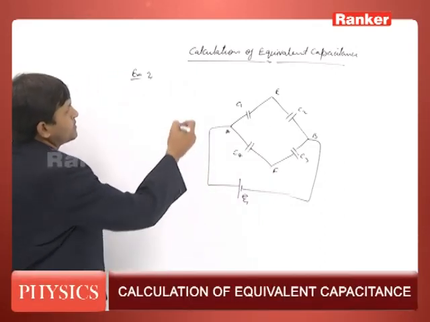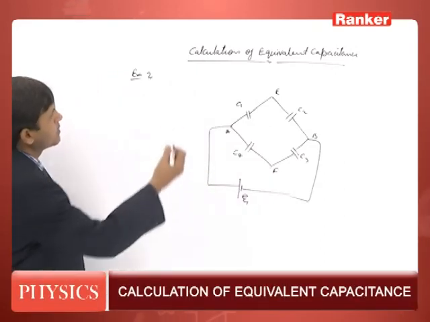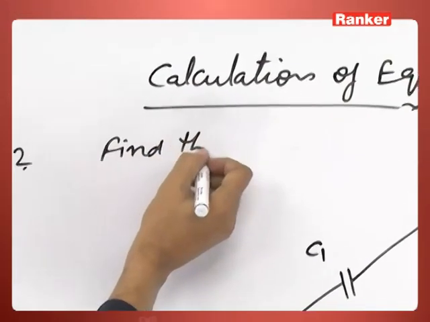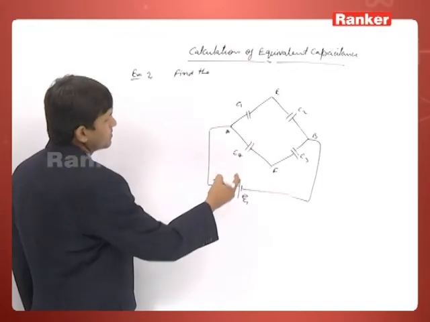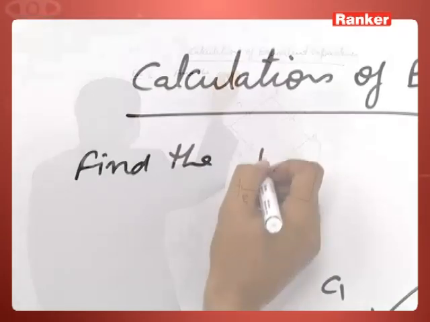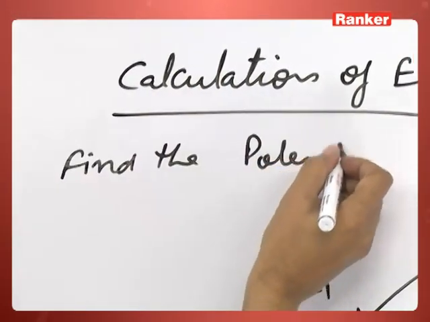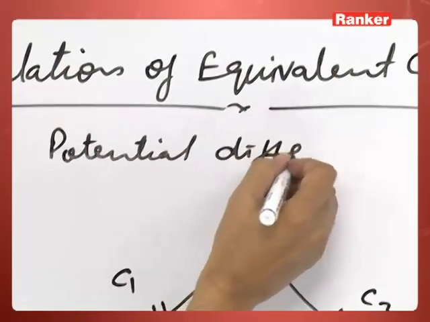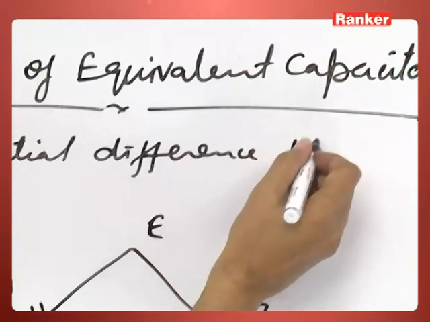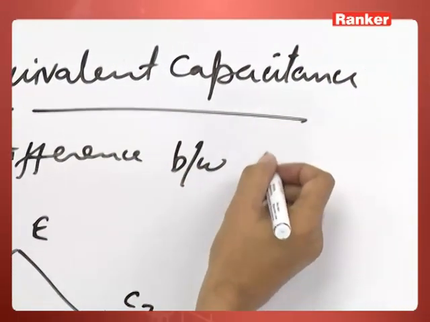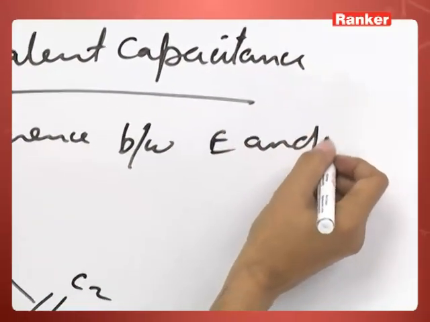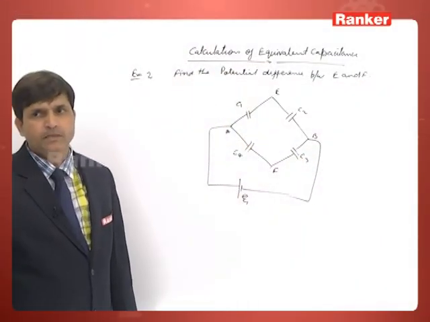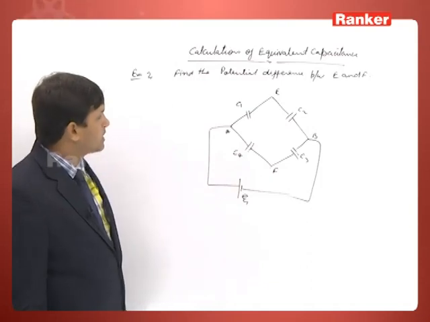Now see another example. In this diagram, the question is: find the potential difference between E and F. Now how to calculate?